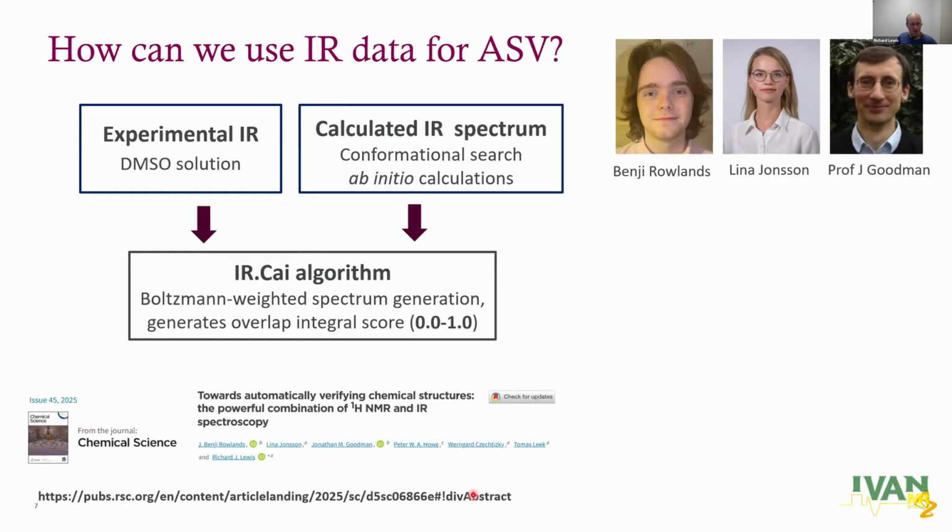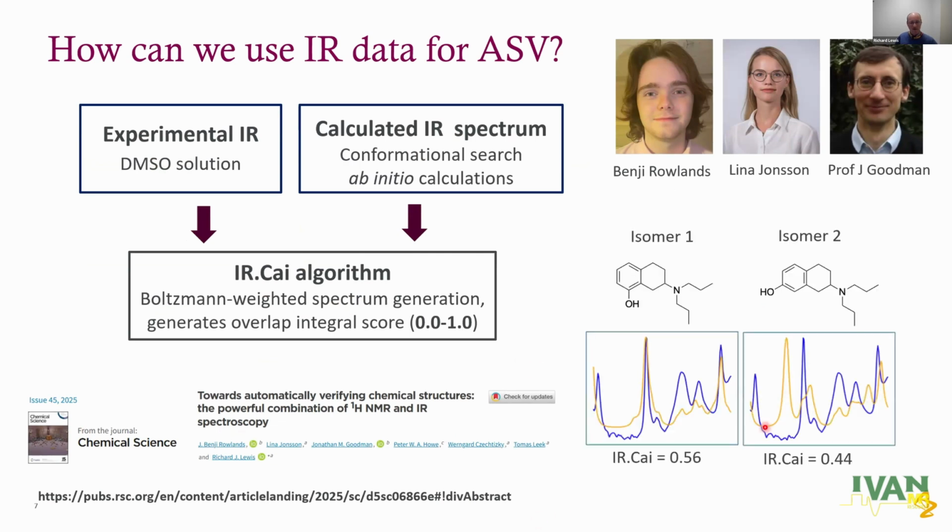This work we've now published late last year, so you can look it up to get some more details. This is just an example of it working on two of those isomer examples, and you can see there's a better overlap, which gets a better score with the correct answer compared to the incorrect answer. So we wanted to see how general that was.